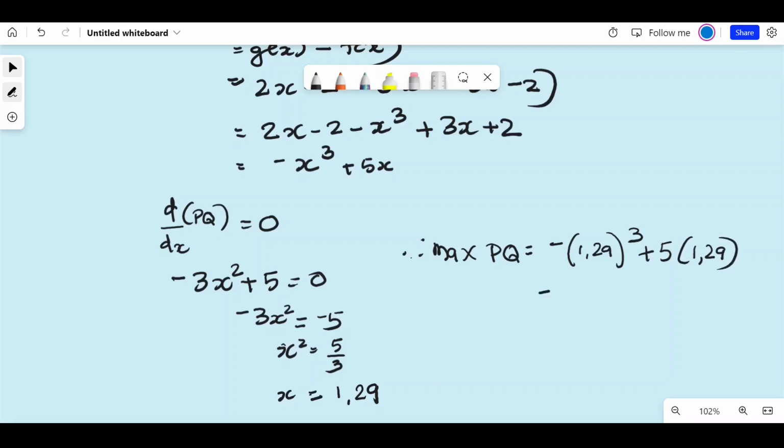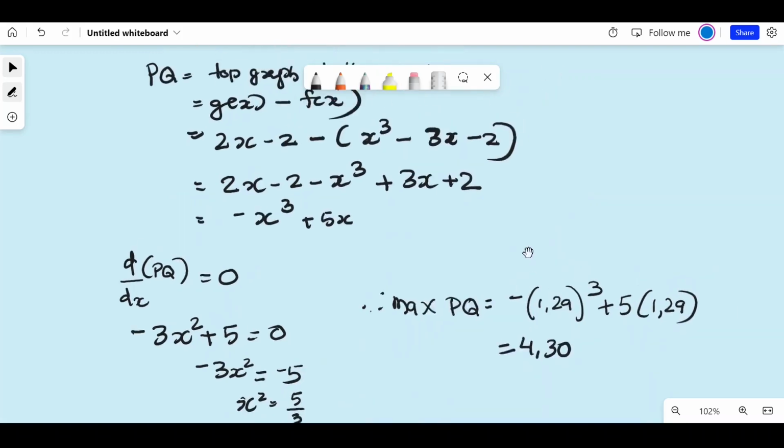That is the maximum length of PQ. So put in the calculator: negative 1.29 cube plus 5 times 1.29 will give you 4.30. That is the maximum length of PQ.